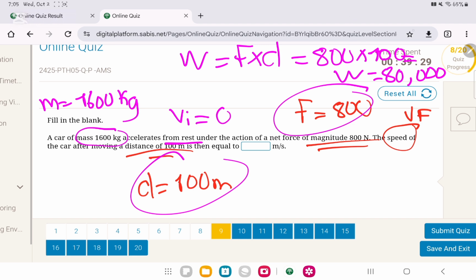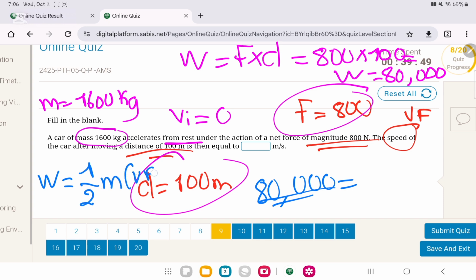We know another equation, W is equal to 1/2 m times v final squared minus v initial squared. This is the work energy theorem.